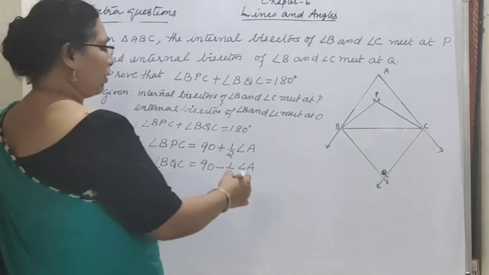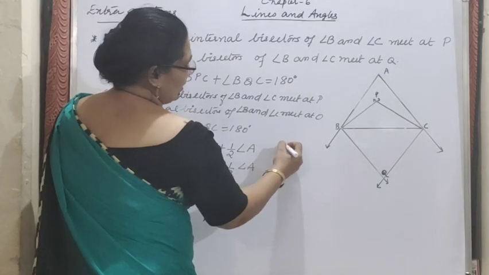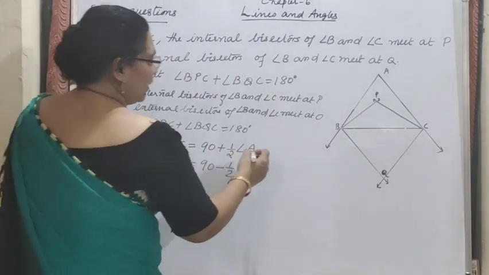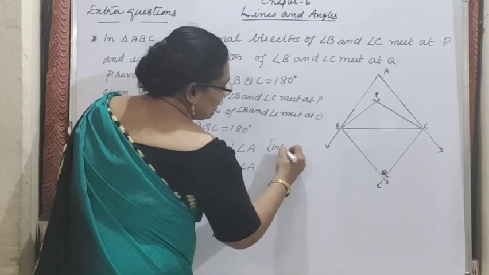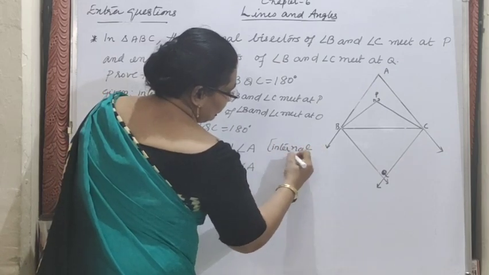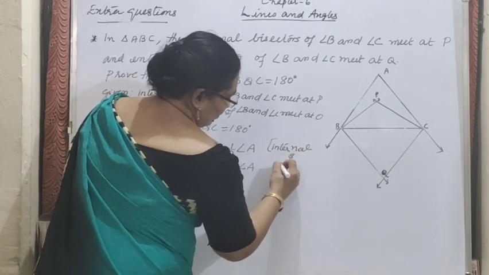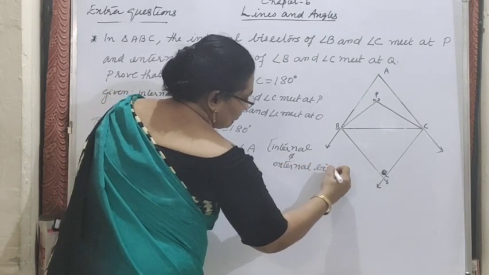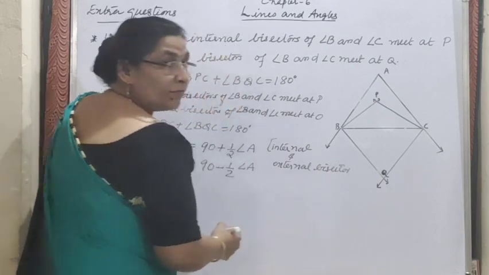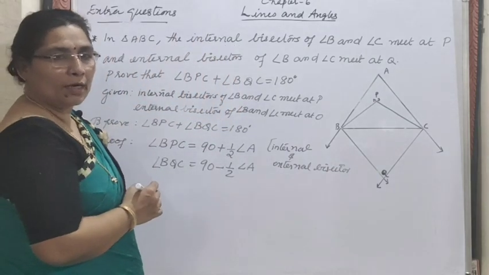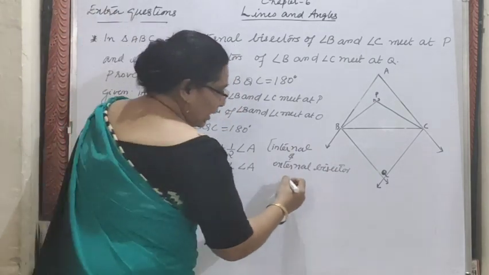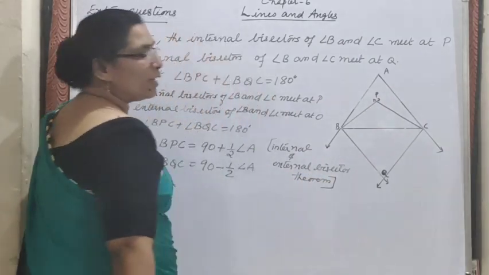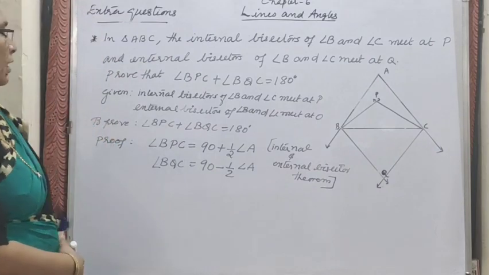Because with this the application of the theorem only, which is the external bisector theorem and internal bisector theorem. So here we will write internal bisector theorem. Here external bisector theorem. That result we are using here, we are not proving here, we are using the result only. External bisector theorem we will write. It's a theorem question only. As an example it is given in the textbook.